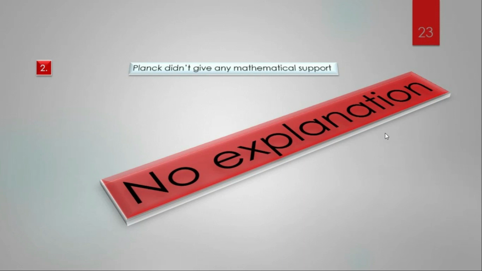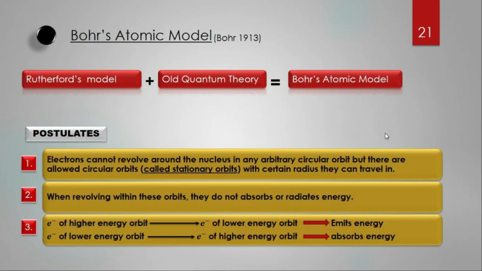It was explained in 1926 by de Broglie. The third postulate is: if the electron travels from a higher energy orbit to a lower energy orbit, then it will emit energy, and if an electron in a lower energy orbit travels to a higher energy orbit, then it will absorb energy.